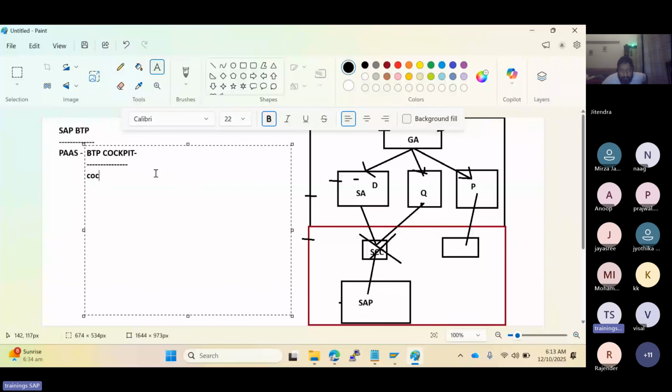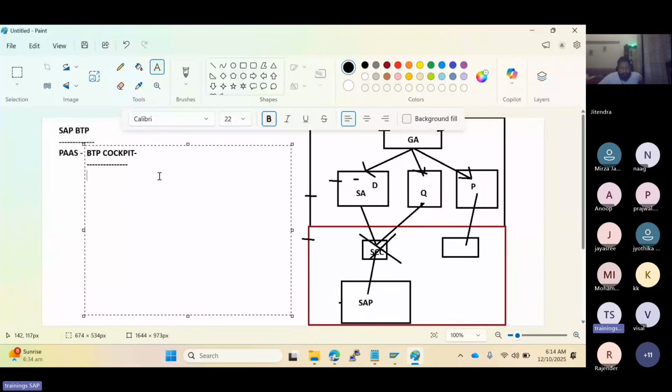So depending on the account type, you will get one of two URLs: one is the BTP trial URL, and the other is the cockpit, an enterprise account type of URL. Everything we will manage from the BTP cockpit level, right?